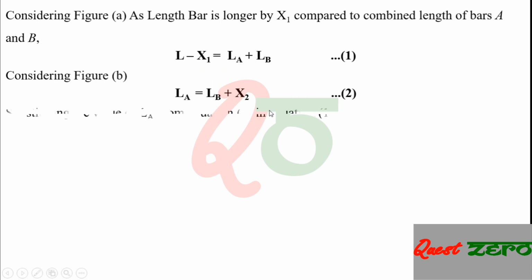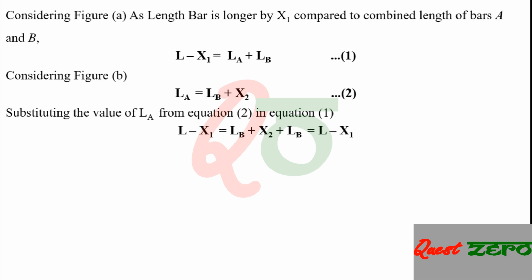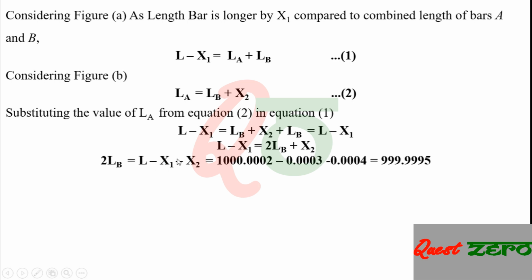Substituting the value of LA in equation 1 becomes L minus x1 equals LB plus x2 plus LB, or 2LB plus x2. If I substitute the values, L is 1000.0002, x1 is 0.0003 and x2 is 0.0004.